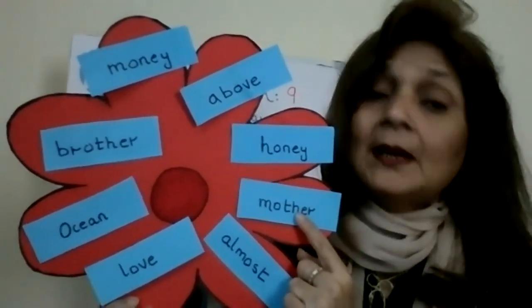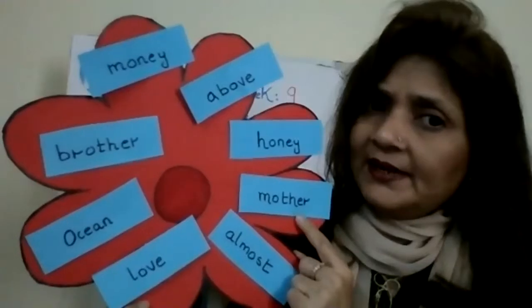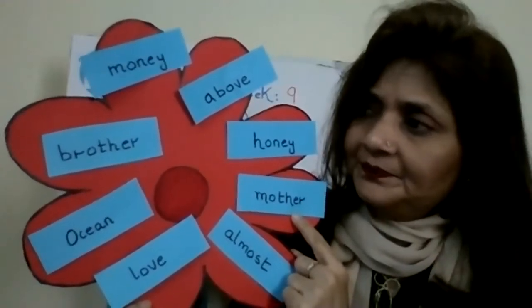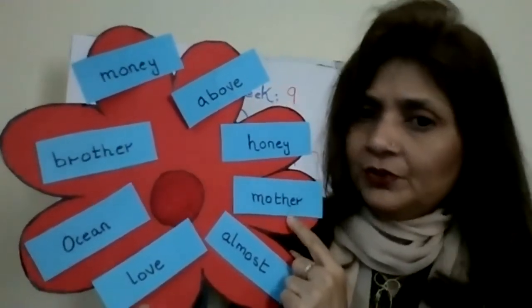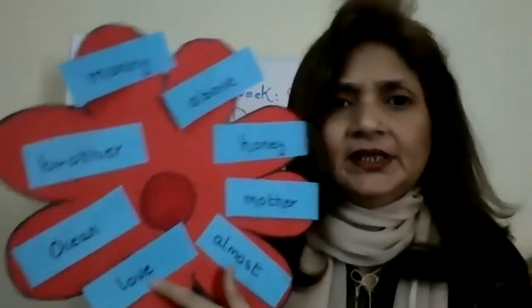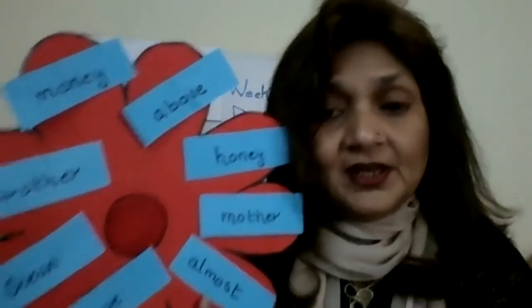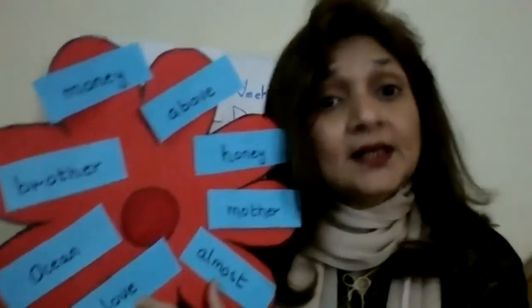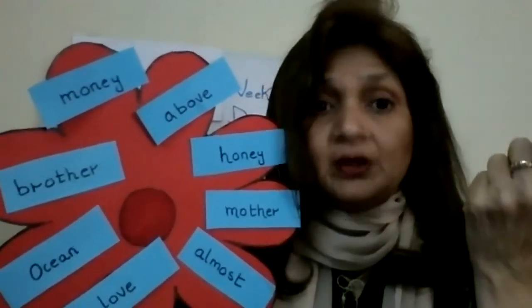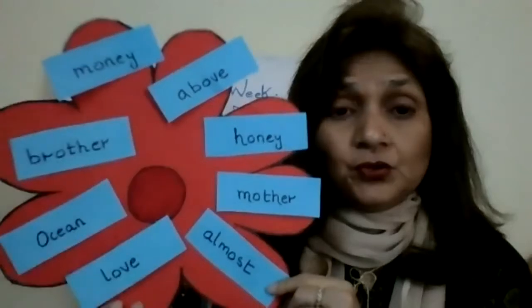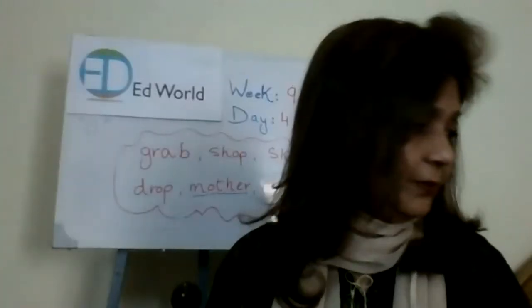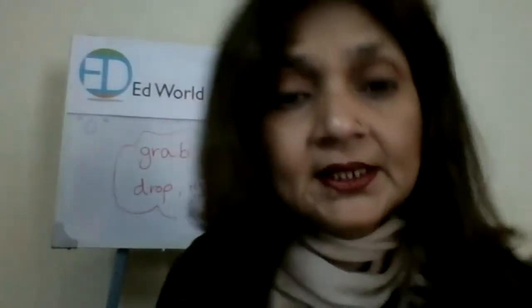Brother rhymes with mother. And is there any other word over here that rhymes? No. Can you find out any one word that rhymes with love? Can you tell me? Glove. Love rhymes with glove, the gloves that you wear in your hands when it is very, very cold. So some of the words have rhyming words here, but some don't.